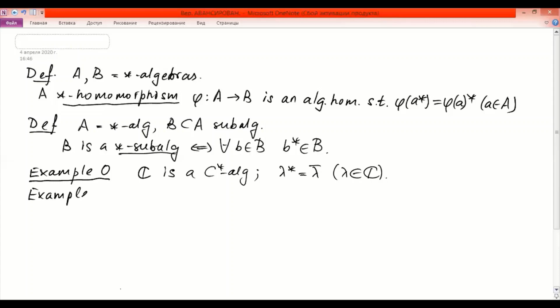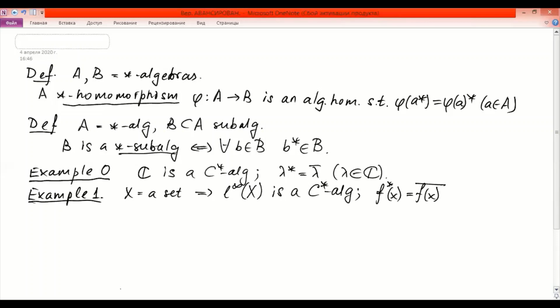If X is any set, then the algebra little L infinity of X of all bounded complex functions on X is a C-star algebra. And the involution here is the complex conjugation. Again, all C-star algebra axioms are readily verified.